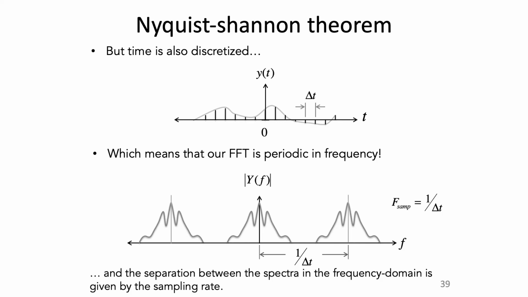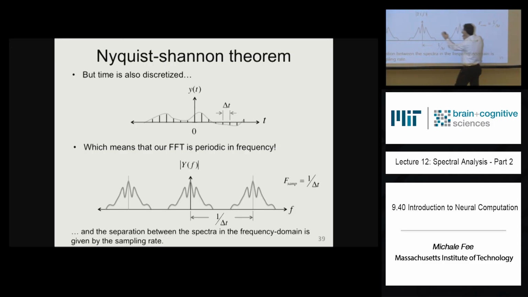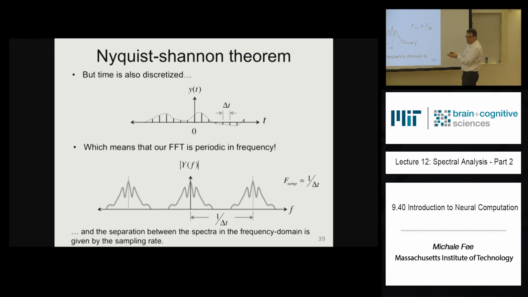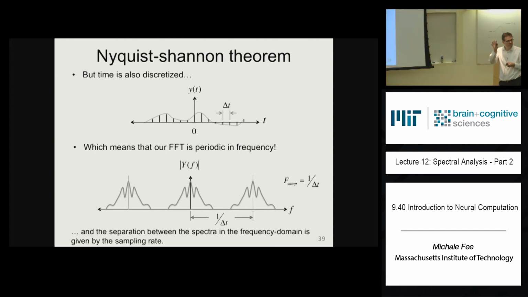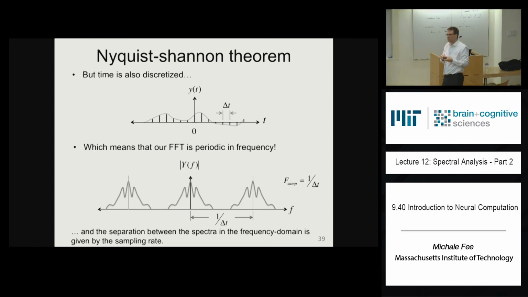There's another copy of that spectrum sitting up here at 1 over the sampling rate, and another copy sitting up here. Remember, this is like a train of delta functions. The Fourier transform of that is like another train of delta functions. So there are copies of this spectrum spaced every 1 over delta t.